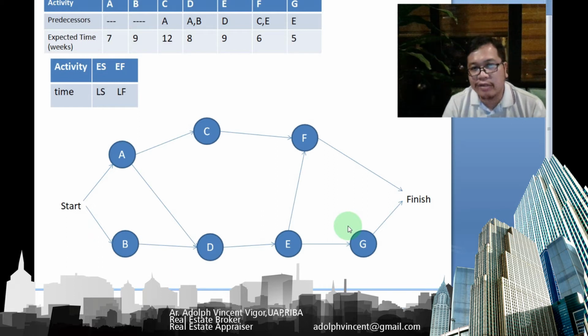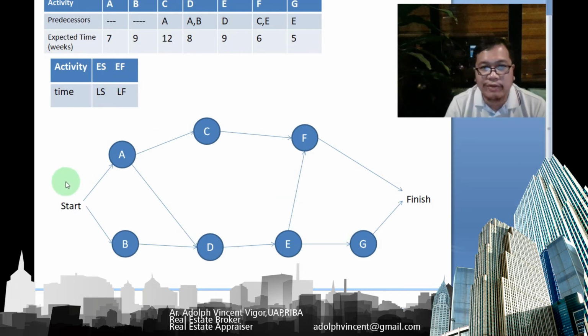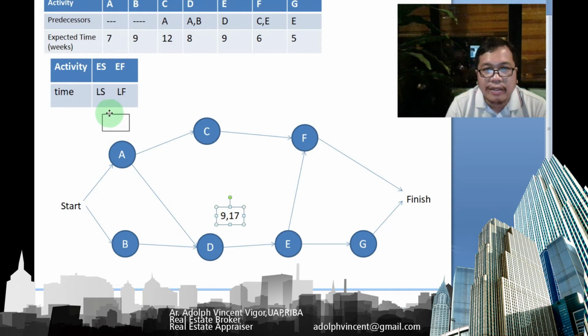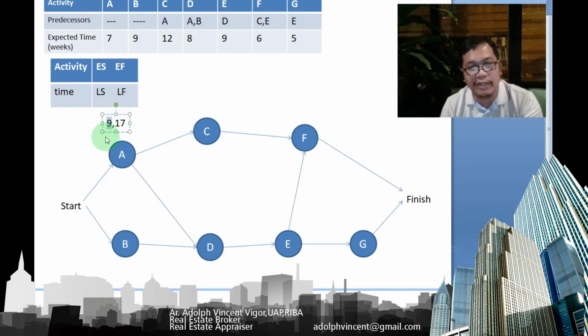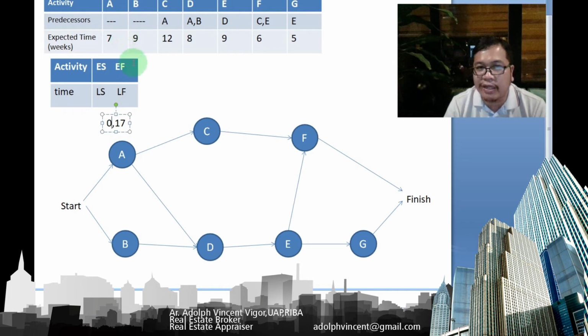So the first thing that we're going to do, class, is the forward pass. On the forward pass, we're going to compute the early start and the early finish. Now let's start with activity A. Since it has no predecessors, its early start is 0. Since it requires 7 weeks to complete, its early finish is 7.